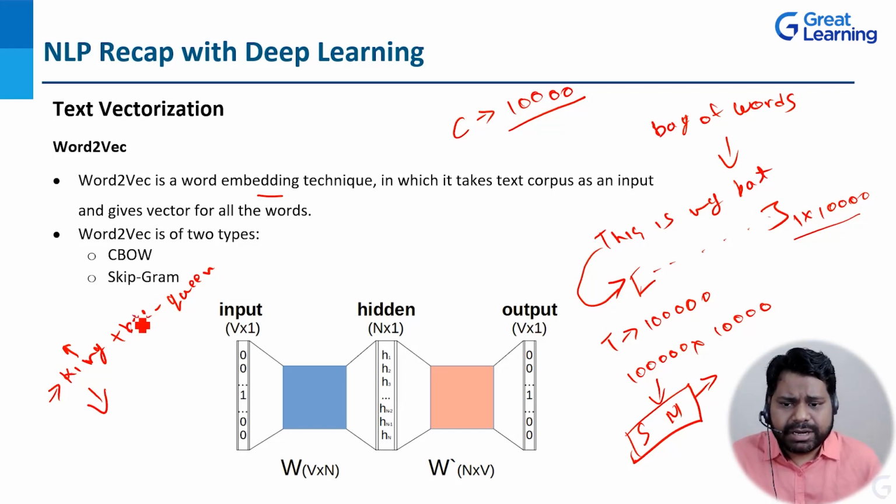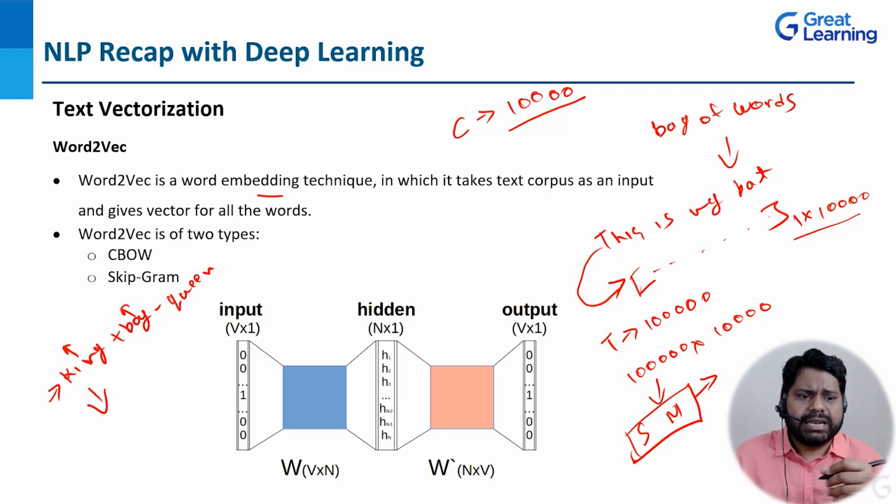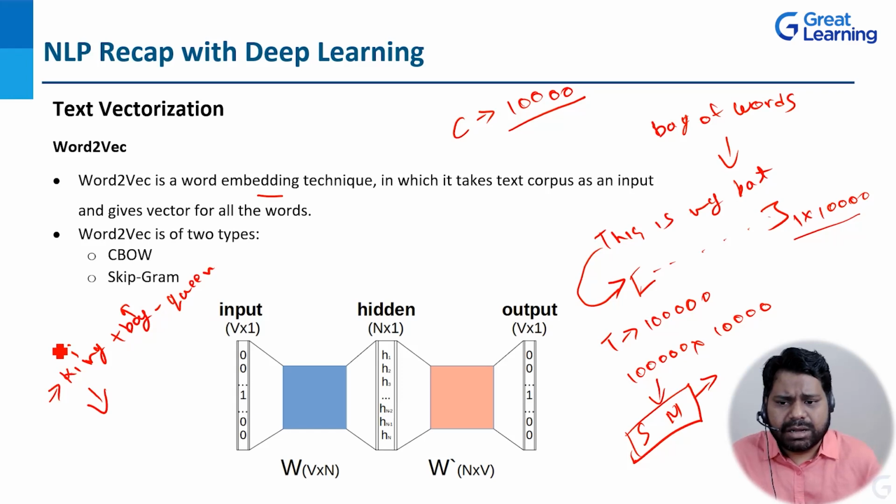Similarly, boy has certain properties, like what is the color, which location he belongs to, who is the father of this boy, and similarly what is his gender. Since this is male, and minus queen.